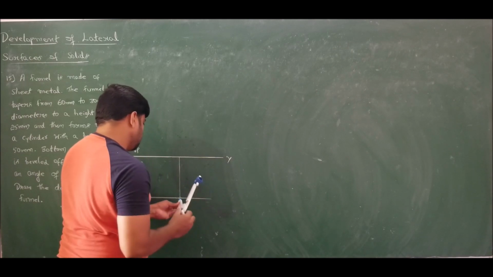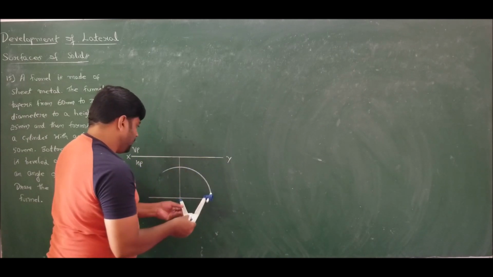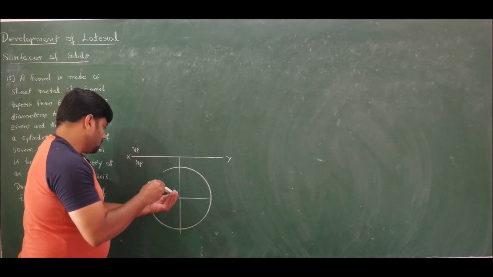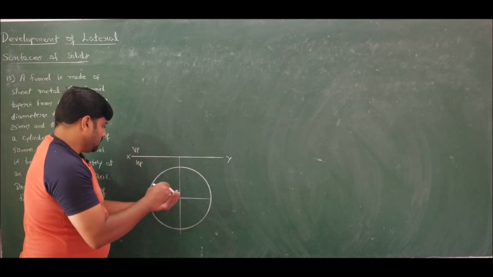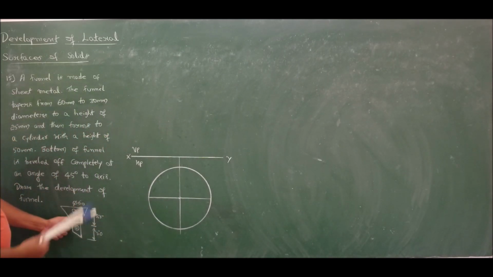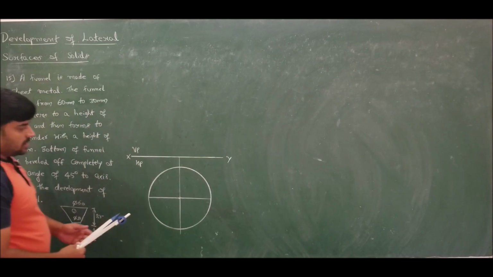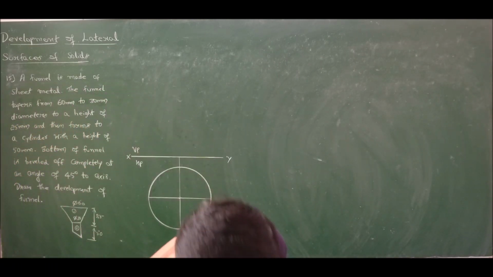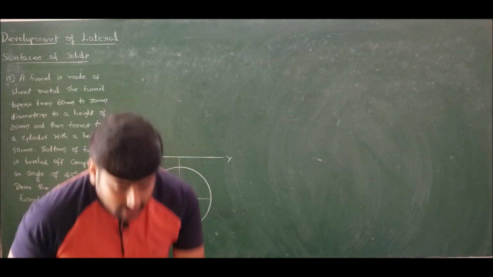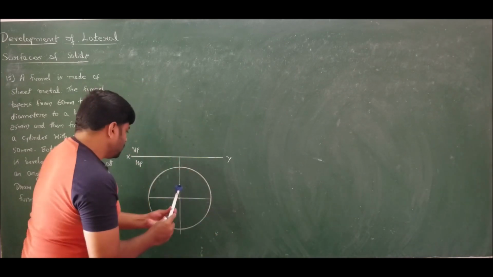I take radius 30 and draw the top face circle of the cone. We have one more, the bottom face, of 30. So draw one more circle.